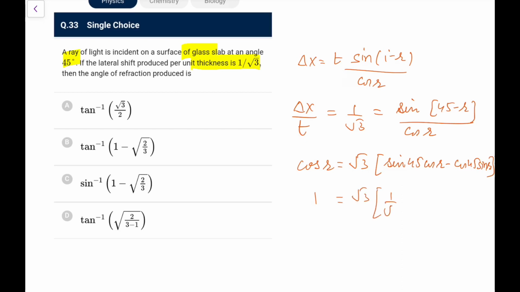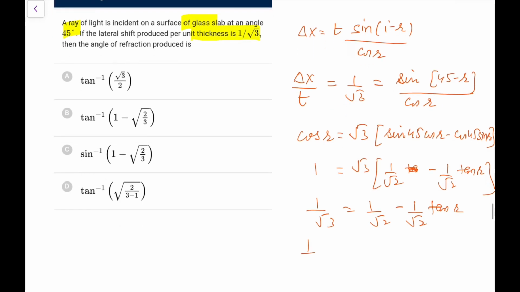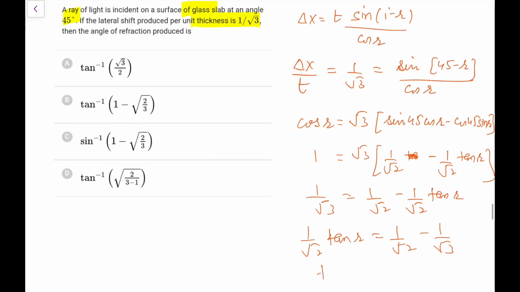Sine 45 is 1 by root 2, that comes out as 1 minus 1 by root 2 tan r. So what you get now, 1 by root 3 is equal to 1 by root 2 minus 1 by root 2 tan r. So take it here, 1 by root 2 tan r, take this side, this would be 1 by root 2 minus 1 by root 3. So tan r would be 1 minus root 2 by root 3, so root of 2 by 3. So we are going with option B.